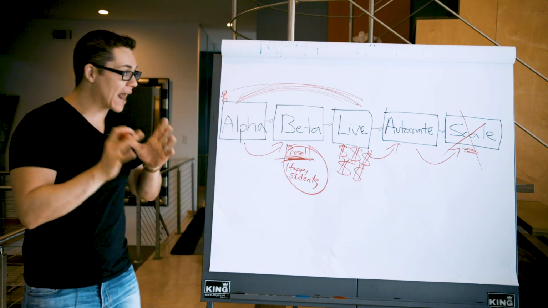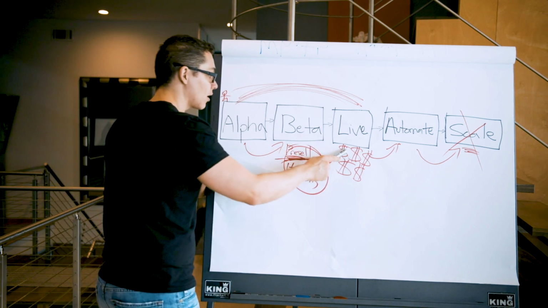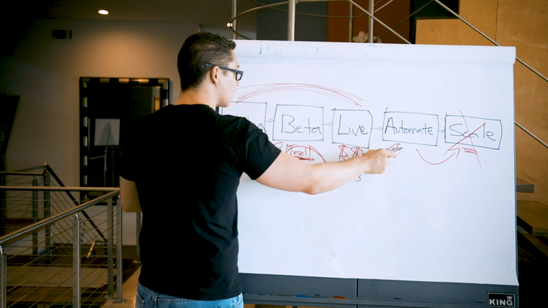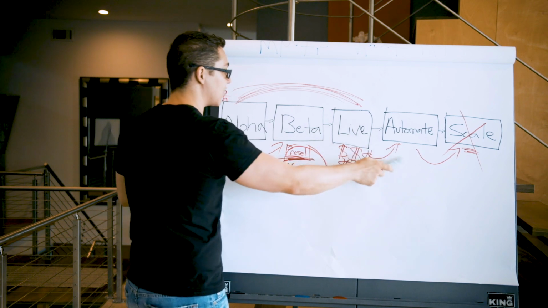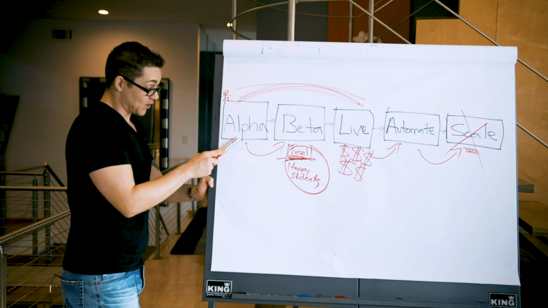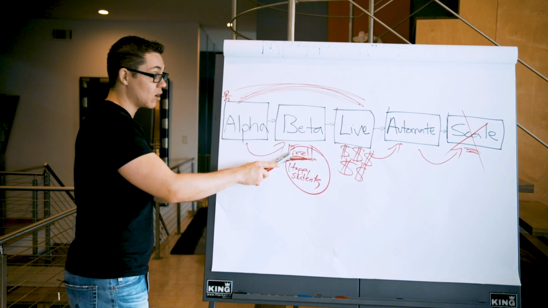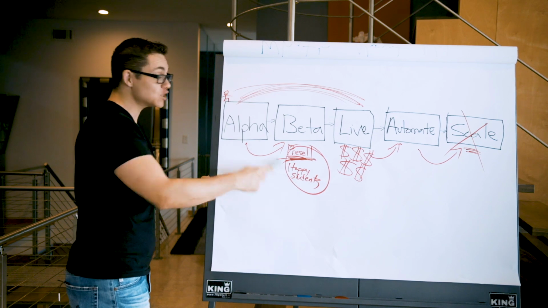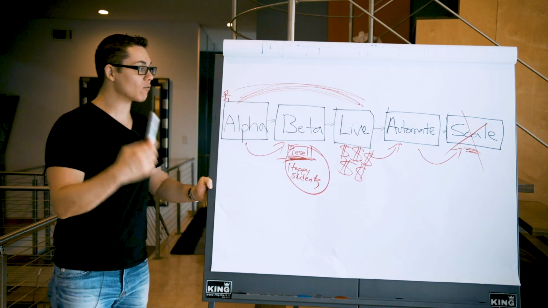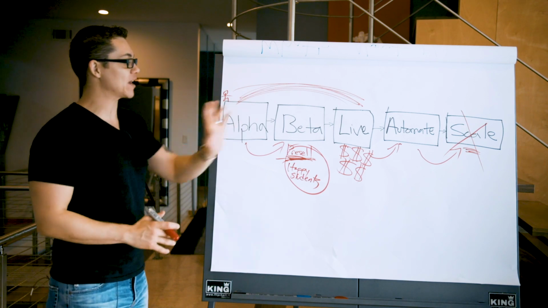And so what happens where people make the mistake is they start here, or they start here, or they start here and think about this, before they've even figured out if people really connect with what they want, or if people are willing to buy it, or if it's good. That's crazy. So what I recommend to you guys is to think about it linearly, in a linear fashion.